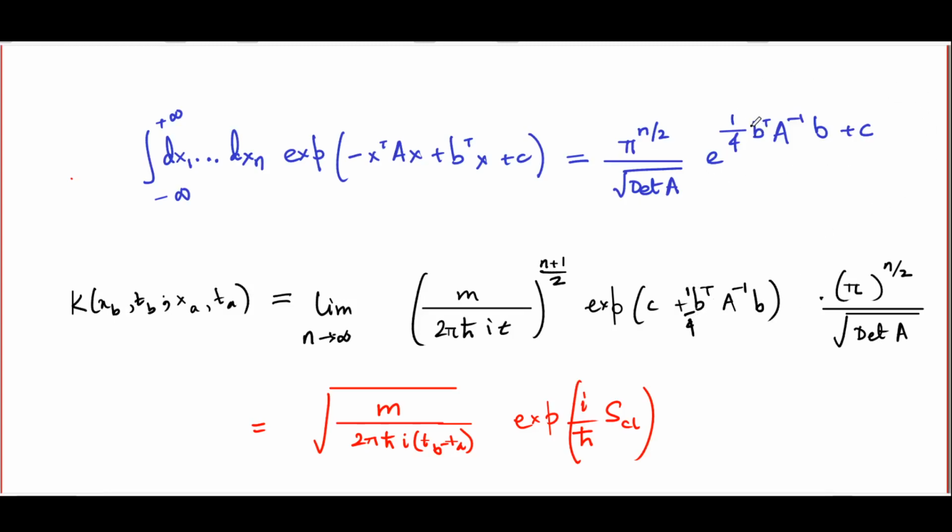That's this term, times pi to the n by 2 by root over determinant of A. After this, given the fact that we already have the matrices in hand, capital A and the column matrix B, we can explicitly calculate this thing, and we found out that the final result was square root of m by 2 pi h cross I into tb minus ta, times an exponent of I by h cross times the classical action. S classical is nothing but the action calculated along the classical path. So this is the result for the propagator for the free particle.